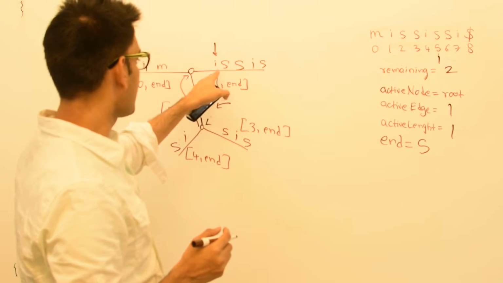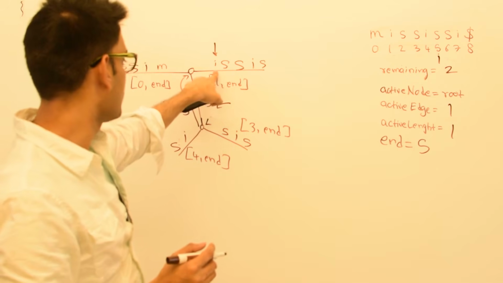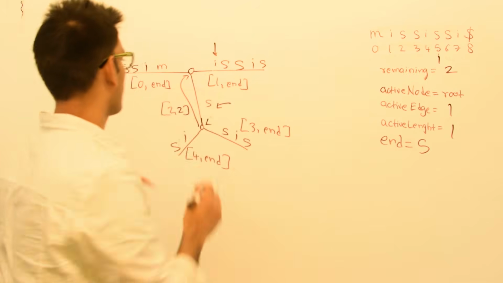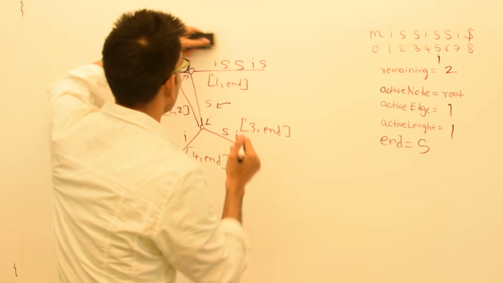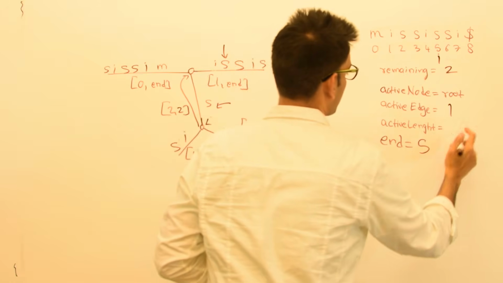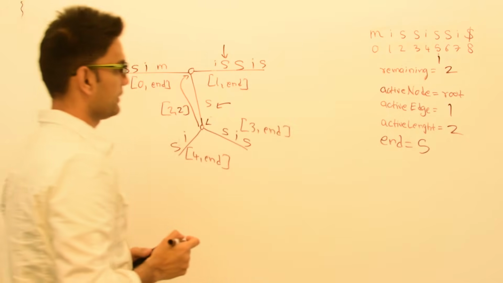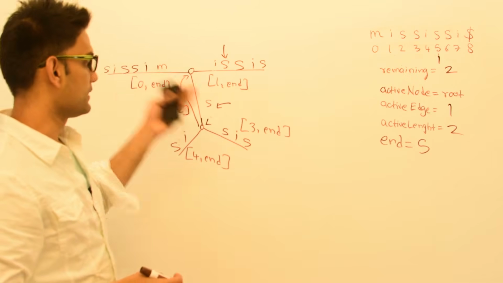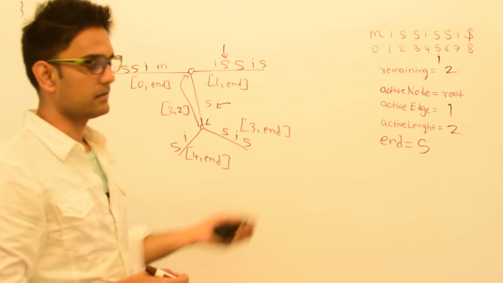Then I check, so this is our active point, is the next point after this S? It is S. So what we do is we just move 1. Again a rule 3 extension comes into the picture, so we just increment our active length by 1. So active length becomes 2, change nothing else in the active node or active edge, and we end the current phase and start the next phase.